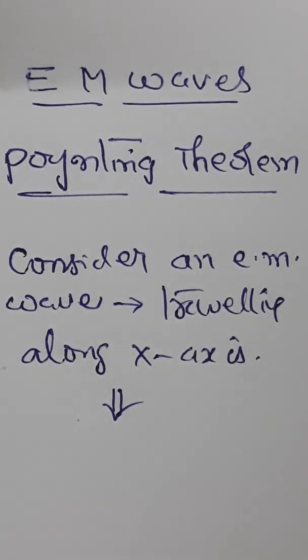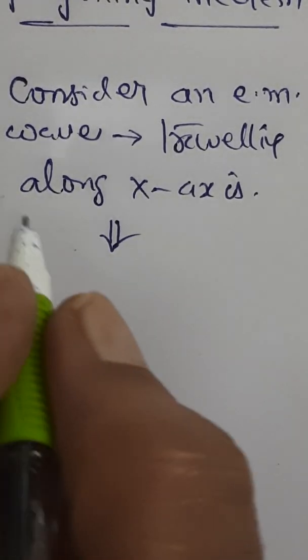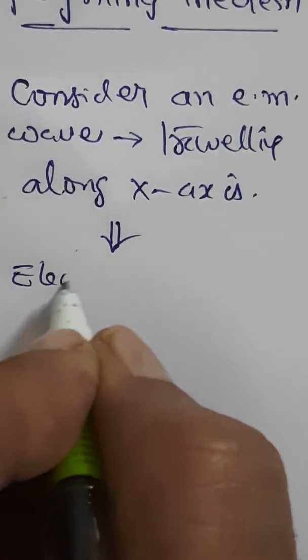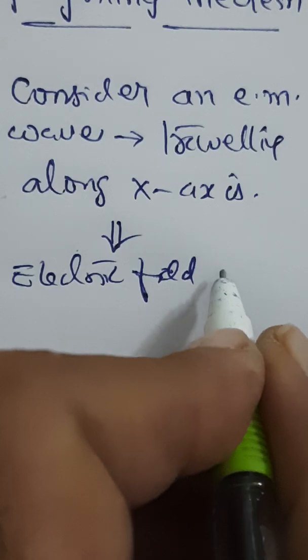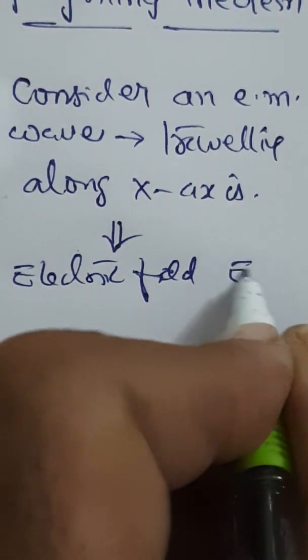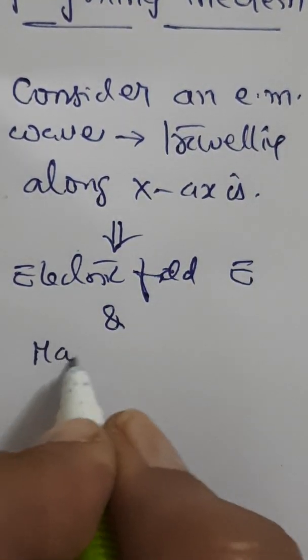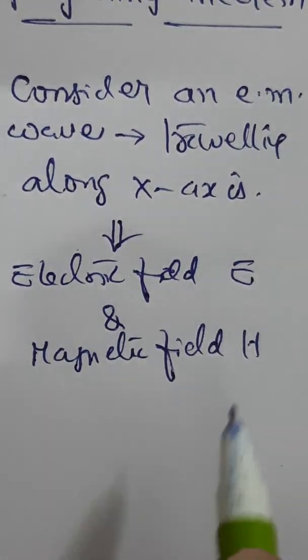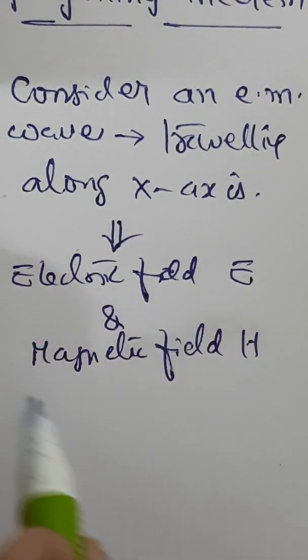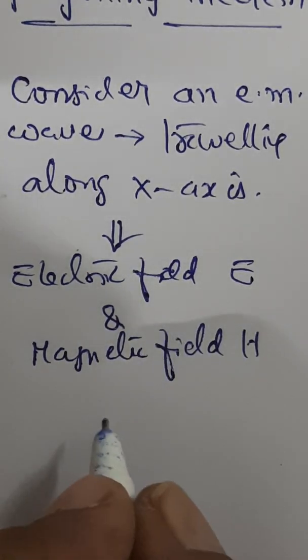When an electromagnetic wave is traveling, you definitely will have electric field E and magnetic field. Both these fields are naturally acting.